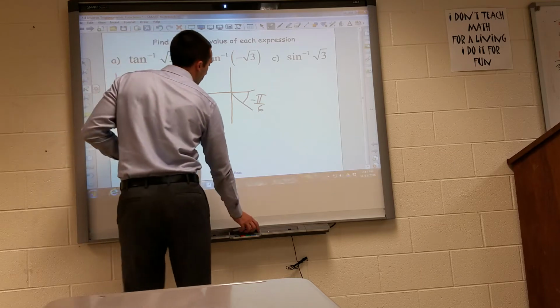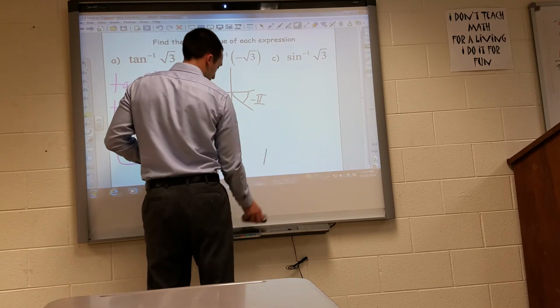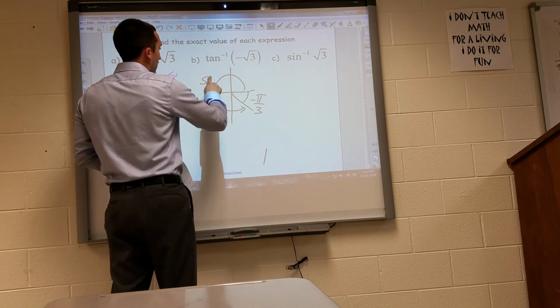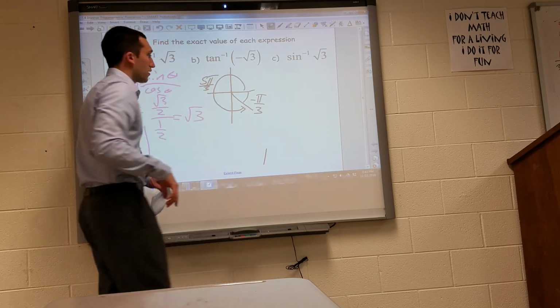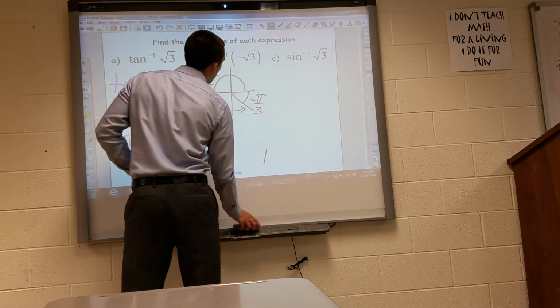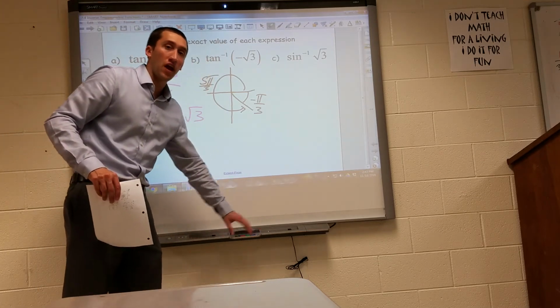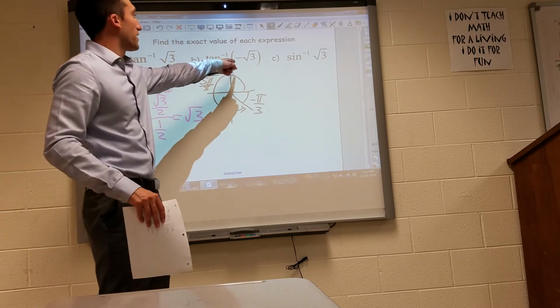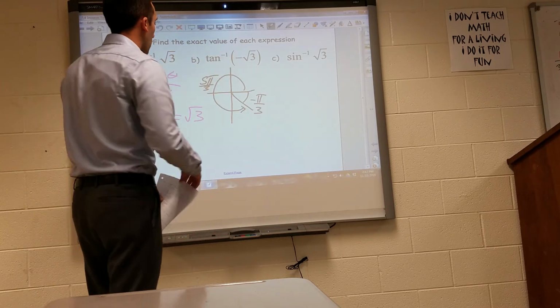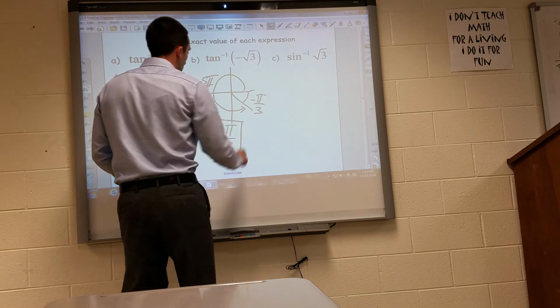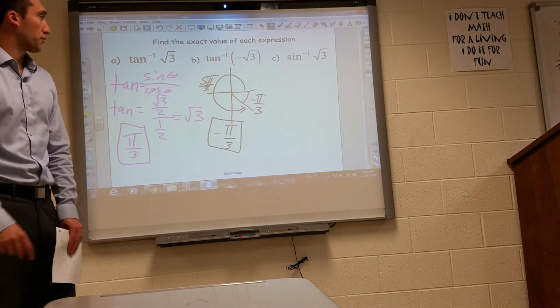Sorry, that should be negative pi over 3, or 5 pi over 3. So you see that either of these angles will get me back to a negative radical 3. So I can say negative pi over 3 will give me a negative radical 3.